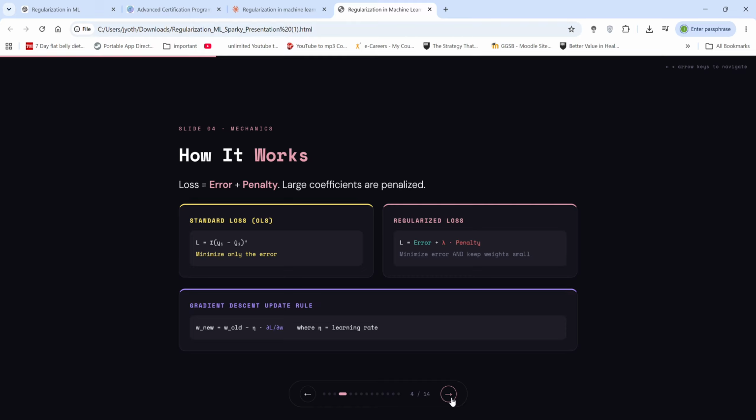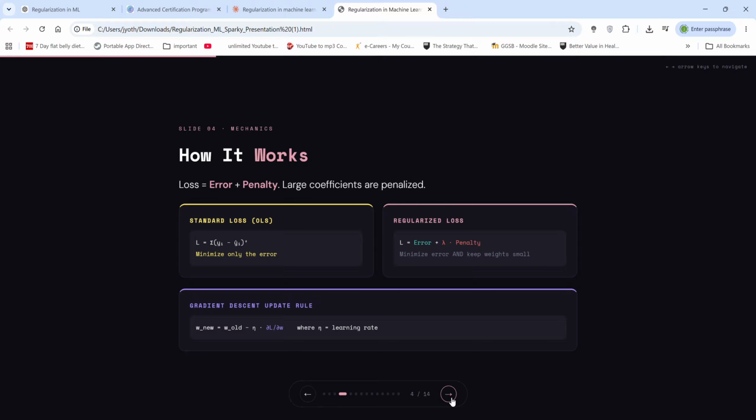That means we are adding lambda times the weight, so lambda times w square. That's how regularization works. Here lambda is called a hyperparameter, and lambda controls the penalty.